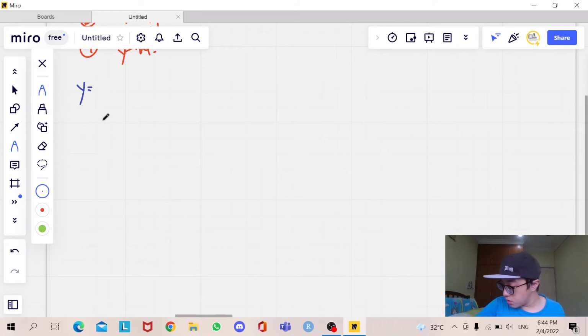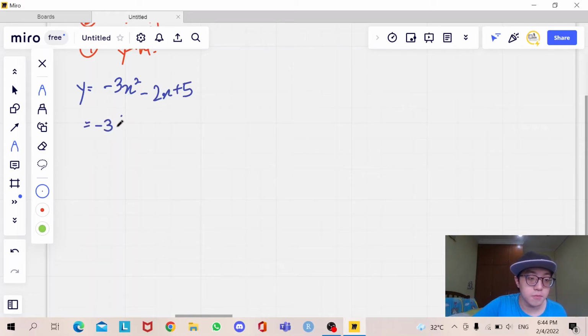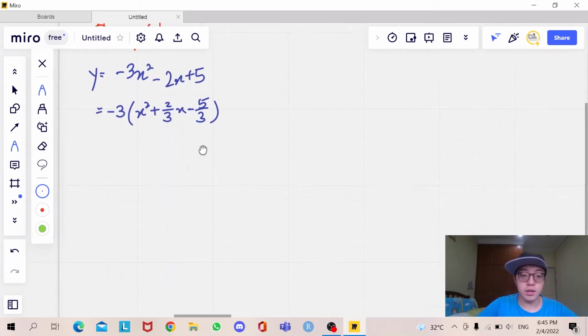First we have y equals -3x squared minus 2x plus 5. Completing the square, we bring out the -3. We have x squared plus 2 divided by 3 x minus 5 divided by 3. To make sure nothing goes wrong, you can expand it in your mind.